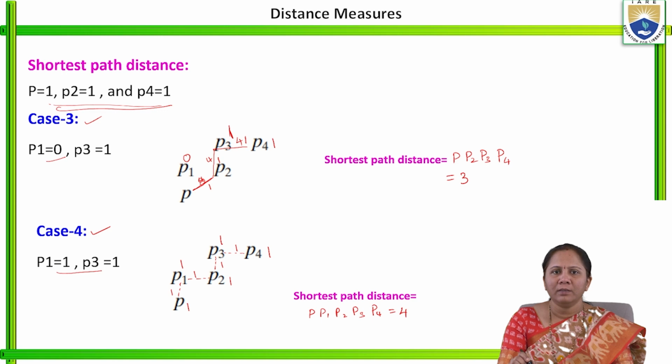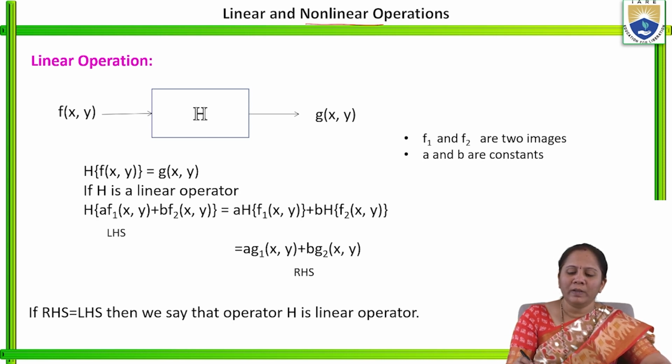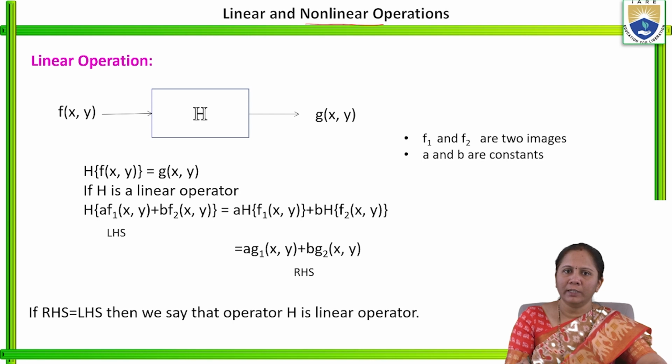So this is the topic about distance measures, and the next topic is about linear and non-linear operations. When do we say that the operator is a linear operator and when do we say the operator is a non-linear operator?